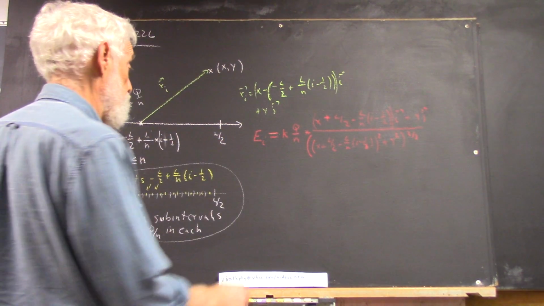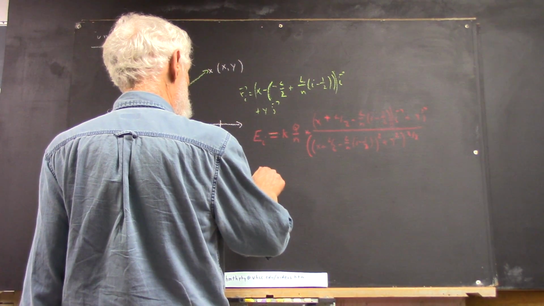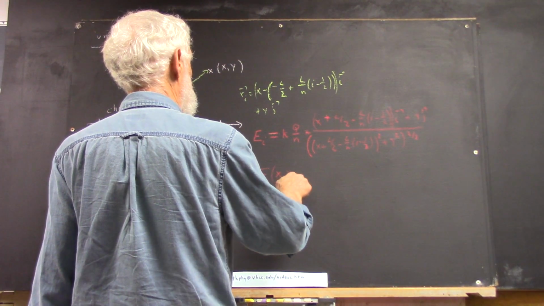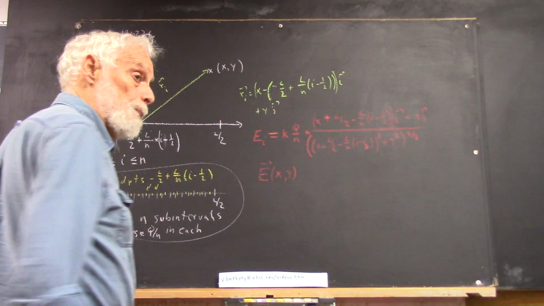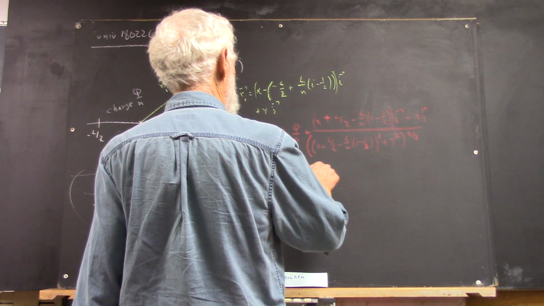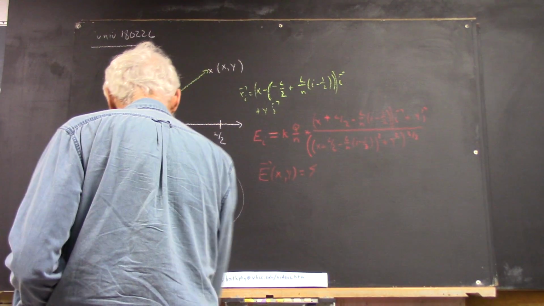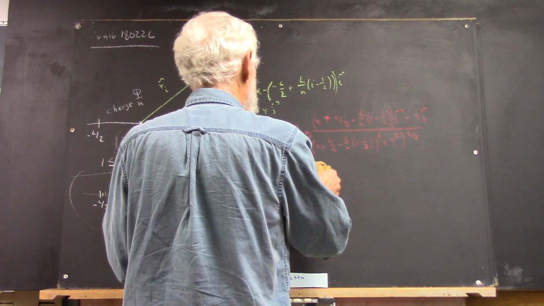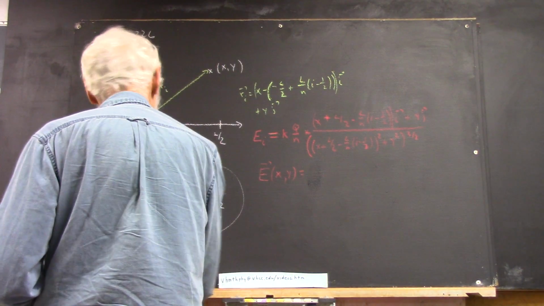From the ith component. So the total electric field, which I'll write now in function notation, electric field at the point x, y, is, I want to write the summation first. I want to factor out the kq over n.